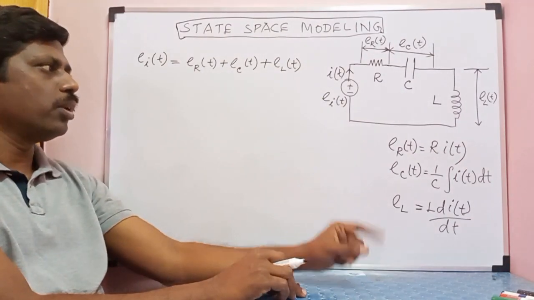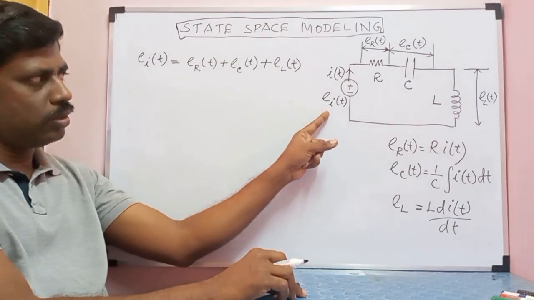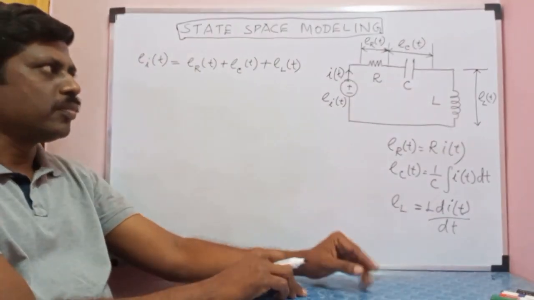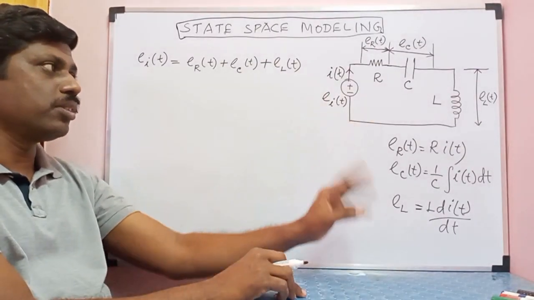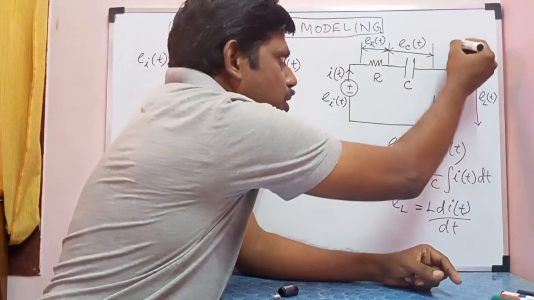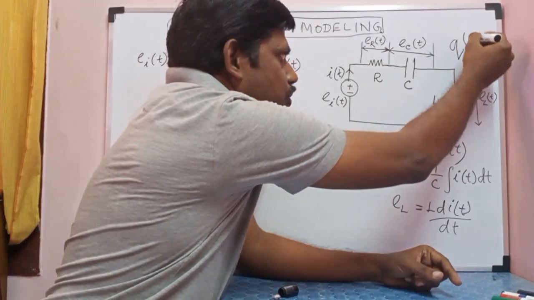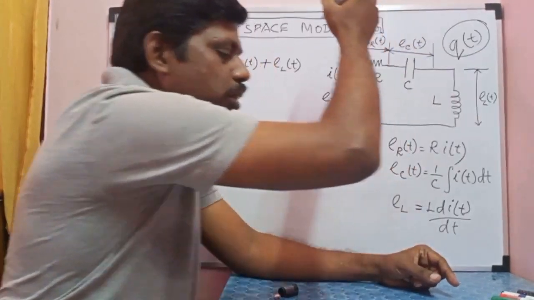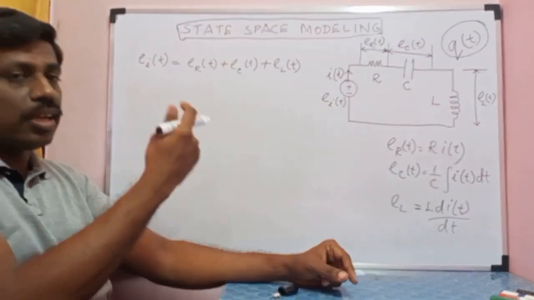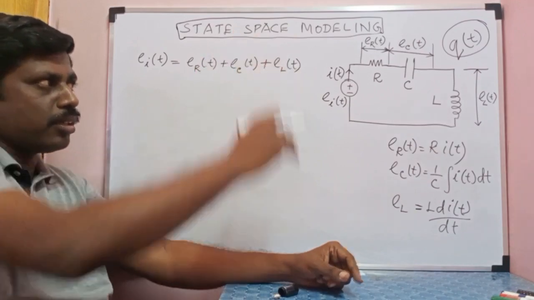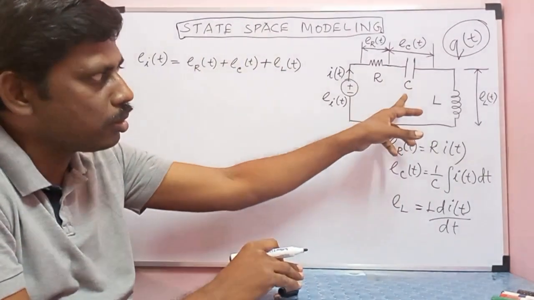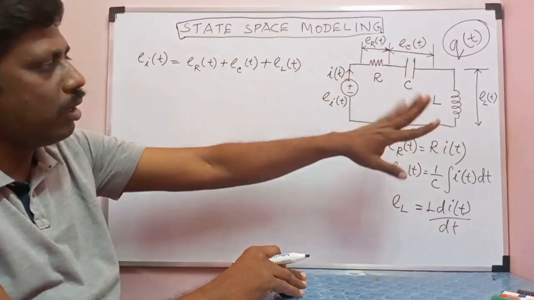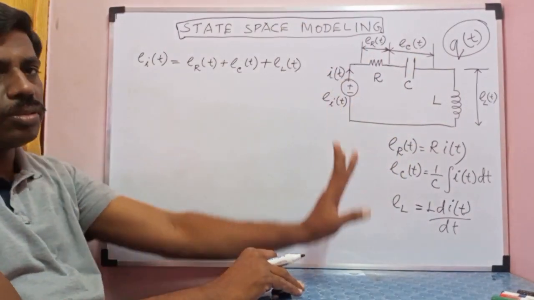EC of t and EL of t also will start varying. So when I give this input, there are 4 variables which are going to change. And of course, apart from this, there will be another variable, charge, Q of t also. The charge stored in the capacitor or flowing through this inductor is also going to vary.